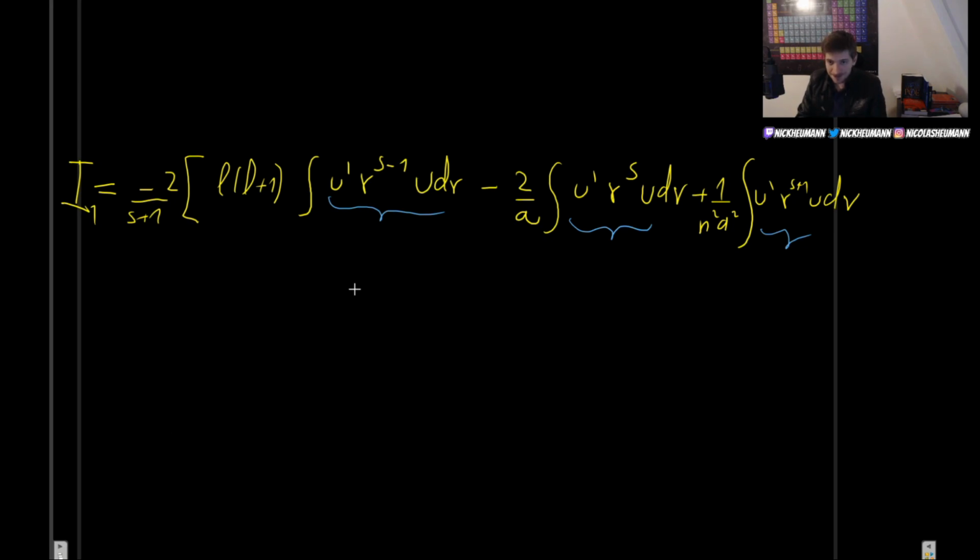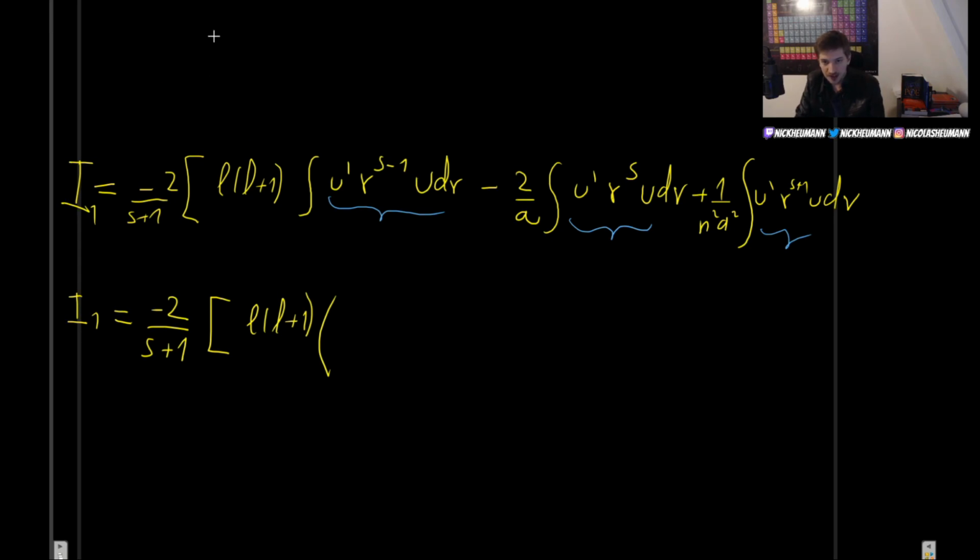Okay, so let's plug our results in. So this I1, this is going to be minus 2 over s plus 1 times L plus 1 times, and now we use the formula instead of this. What was the formula? I'm gonna put it here as a reminder, maybe with a different color.